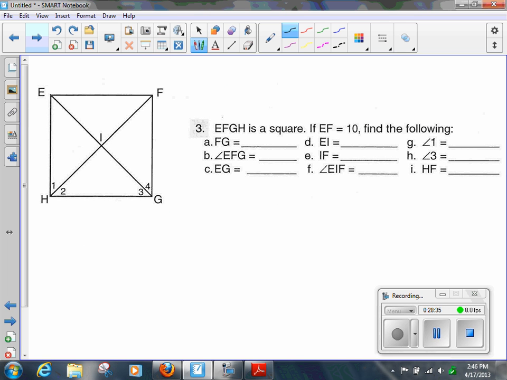Last one. What kind of figure is this one? It's a square. Folks, not a whole lot we can do about a square. The square is the supreme pizza of special parallelograms. Why do you think I call it that? Because it's the most. It's got it all. I totally stole this from Ms. Harrell, so I have to give her props for this. The parallelogram is like a cheese pizza.